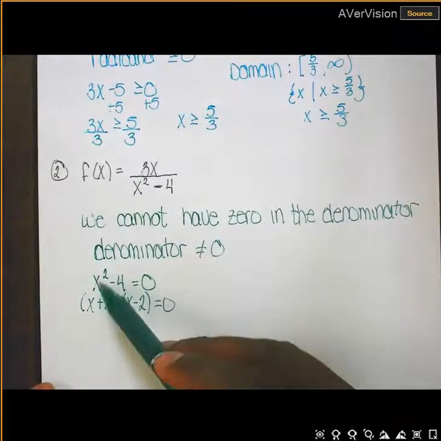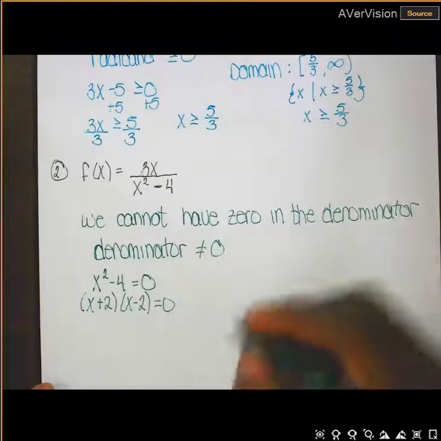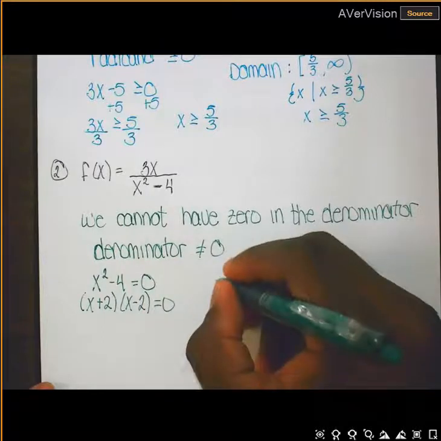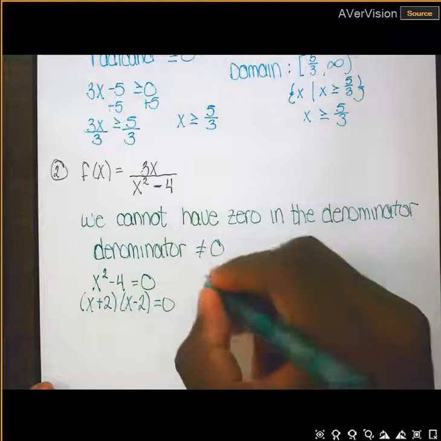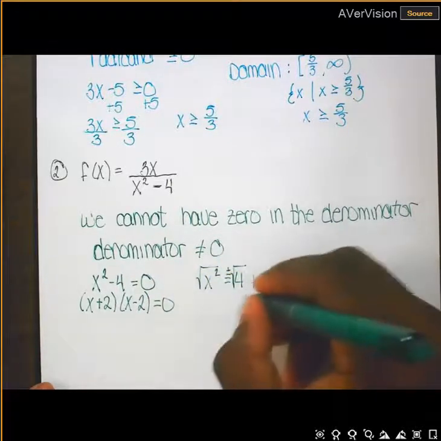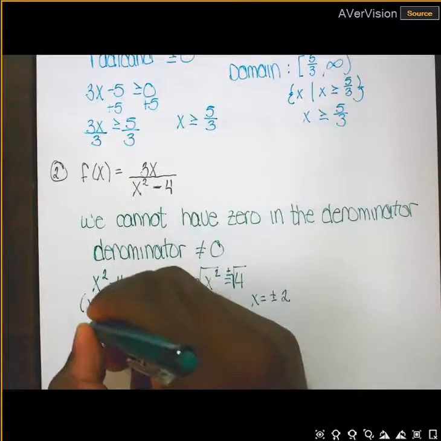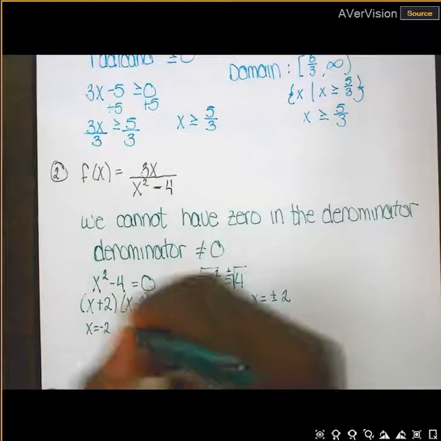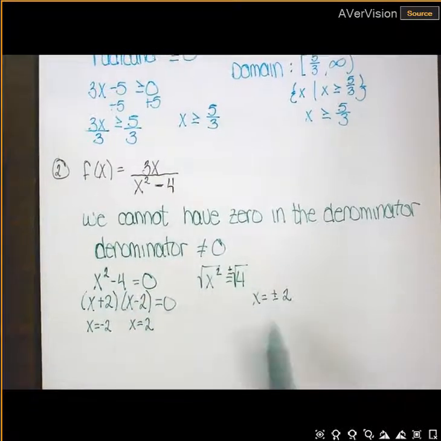Or for a case like this one where you have a two-term quadratic, you can actually just solve it out by adding 4 to both sides and then taking the square root. Right? You get the same thing.